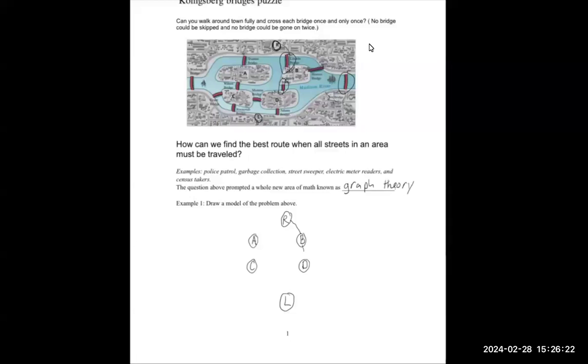Now I can do from B to D on my little simple drawing. Okay, then there's a bridge from R to A, so I can go from R to A here. And then there's a bridge from A to C, so I can do this.